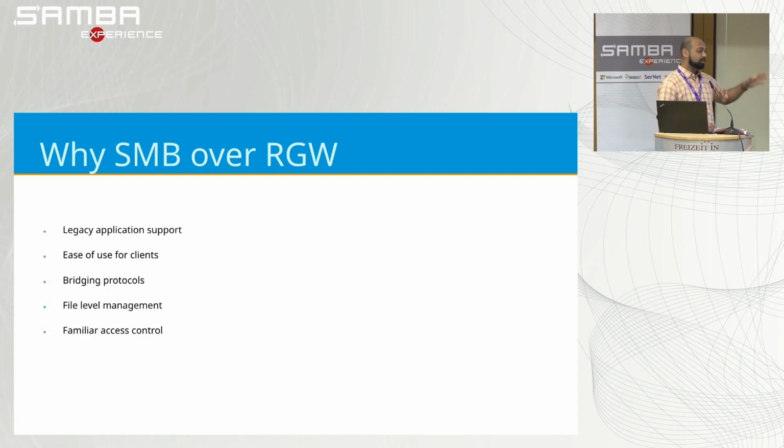Most important is file level management. It gives us a hierarchical view which we are more comfortable looking into. There are buckets and objects and prefixes, but it's really a flat address space, and sometimes it's difficult to look into it. This way we could run a standard ls command and get all the hierarchies.